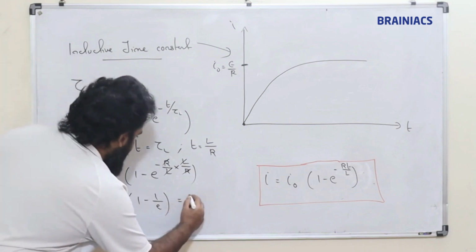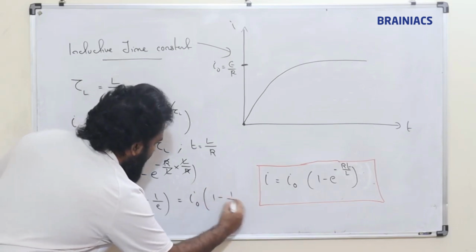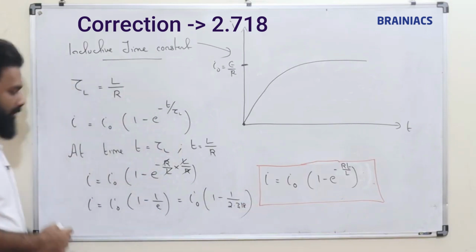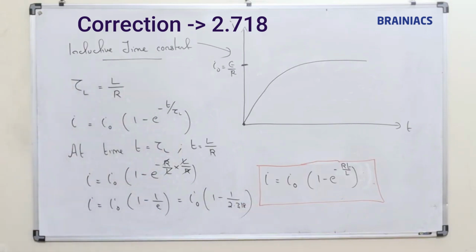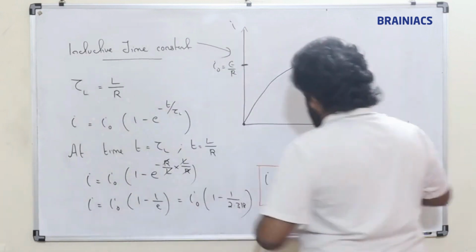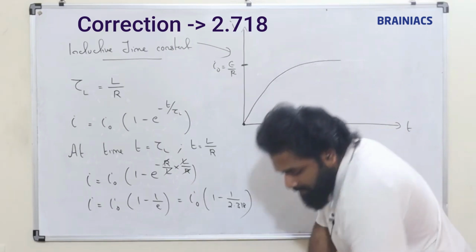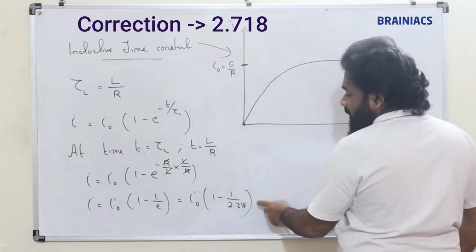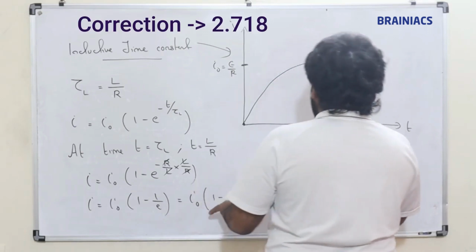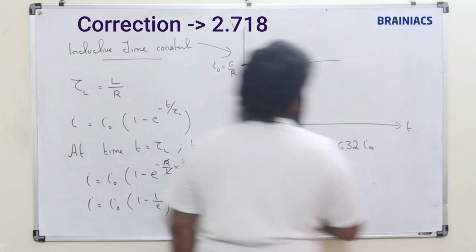So this will become I naught into 1 minus 1 by 2.718. When we simplify that, we get I is equal to 0.632 I naught.